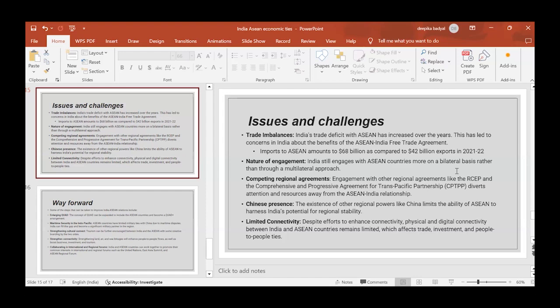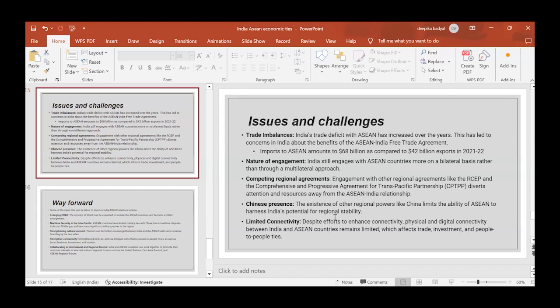Competing regional agreements: engagement with other regional agreements like RCEP and the Comprehensive and Progressive Agreement for Trans-Pacific Partnership diverts attention and resources away from the ASEAN-India relationship. Although India didn't join RCEP, such engagements can divert attention from ASEAN.